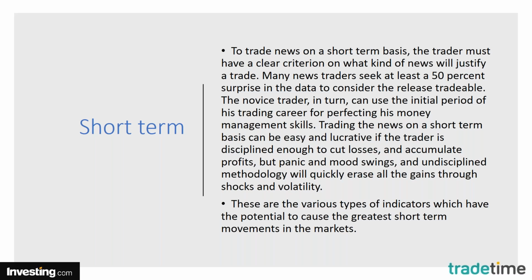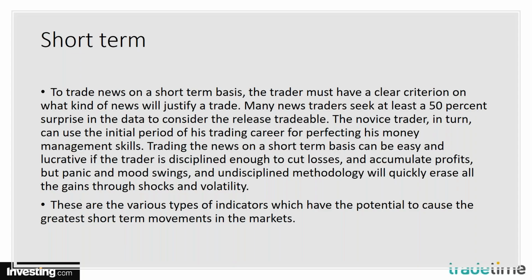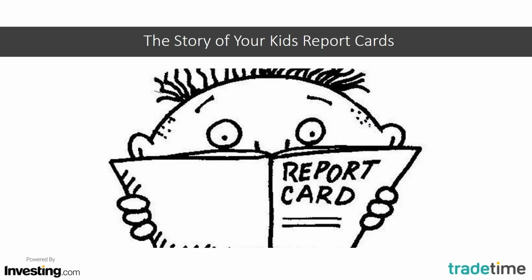There are various types of indicators which have the potential to cause the greatest short-term movements in the markets. To trade the news on a short-term basis, a trader must have a clear criterion. Now, I explain all this by using a sample of your kids and their report card, because we'll go into greater detail in a class on trading the economic calendar.